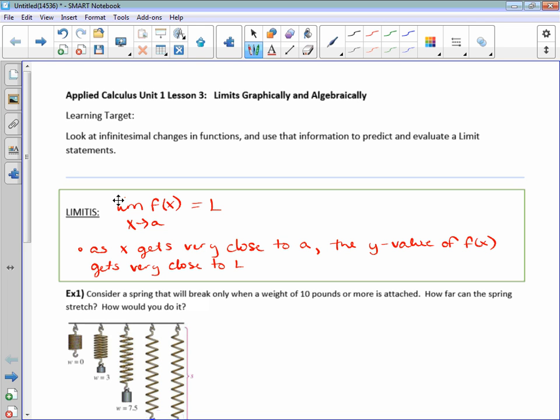No. Could it? Yes, it could, but it won't always, okay? It just gets really close to it.